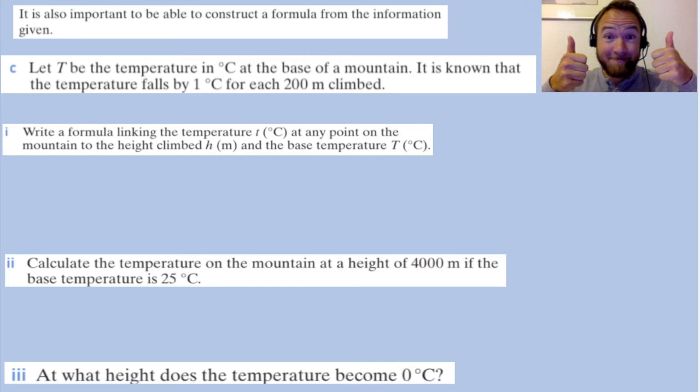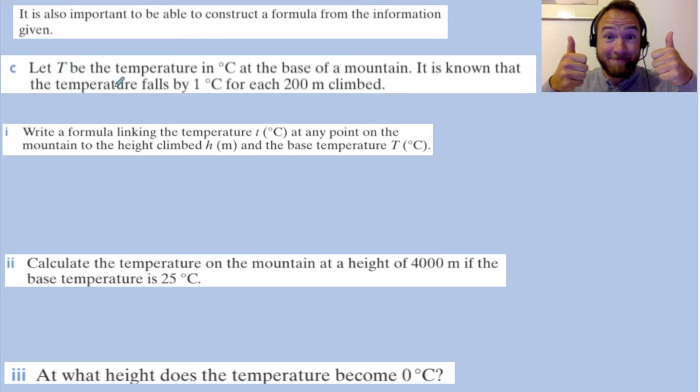It is also important to be able to construct a formula from the information given. So example C, go ahead and try this one on your own and come back. Let T be the temperature in C degrees at the base of a mountain. It is known that the temperature falls by 1 degree for each 200 meters climbed.